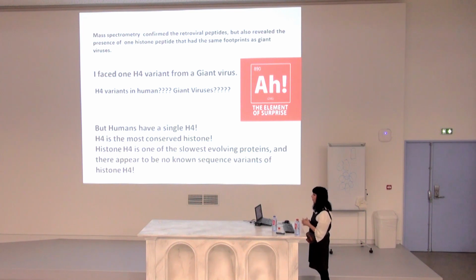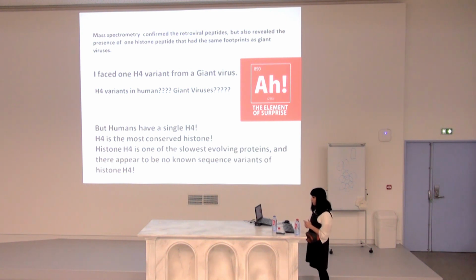So I was working on whole human tissues. I had a list of human peptides. That's easy. But in this pool, I had retroviral peptides, feline related, since I was using an anti-FeLV. And I had a histone 4 that had the same footprint as a giant virus. This was a big surprise for me, because I didn't know that a virus could be giant.